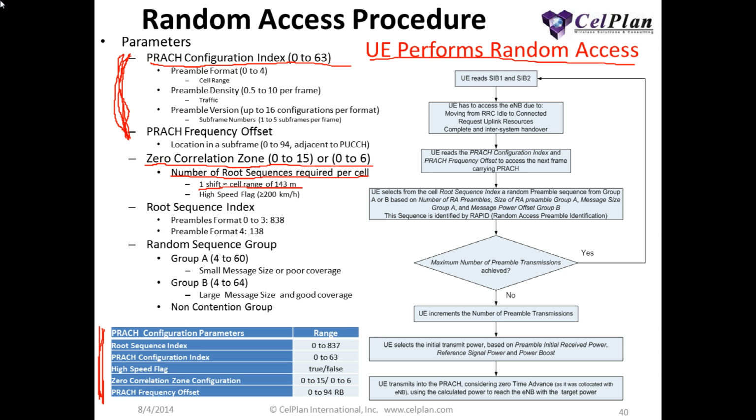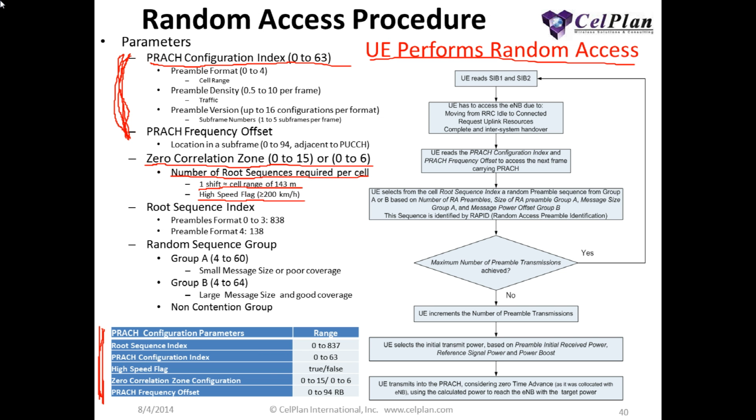So if our cell range is 1.43 kilometers, we need to give 10 shifts. Also, the zero correlation zone is modified by the Doppler effect for high speed. So there is a high speed flag that indicates when the UE is moving above 200 kilometers per hour, and this indicates if there will be an additional shift due to Doppler effect.